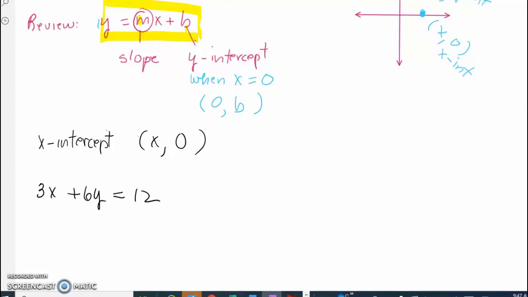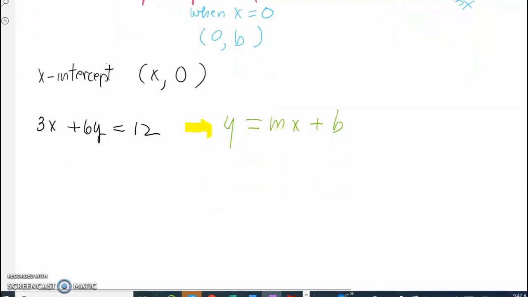All right, so we have to do some things here to 3x plus 6y equals 12 to get it into the form of y equals mx plus b. Well, in this case, we need to solve for y. That is our goal. We need to solve for y first and put it into this form right here.